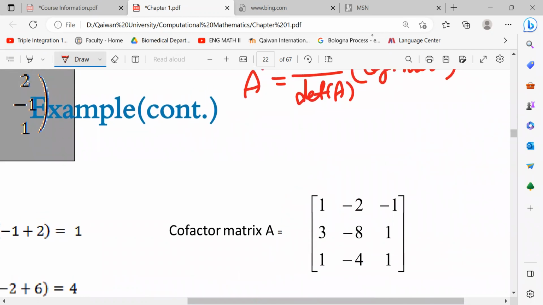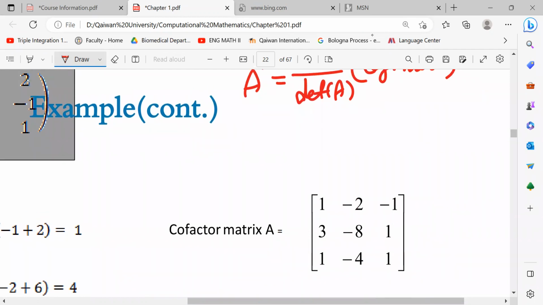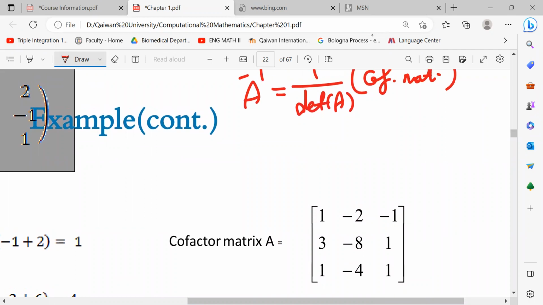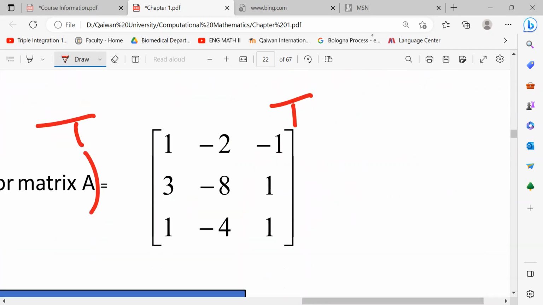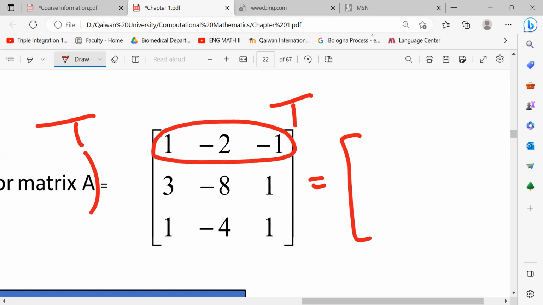The first row becomes the first column. It is 1, -2, -1.